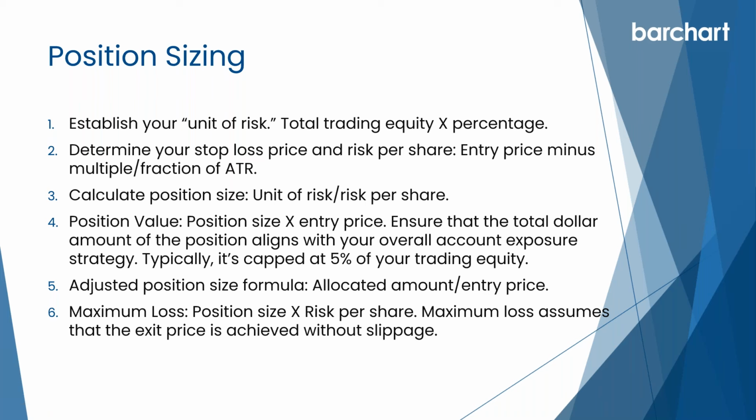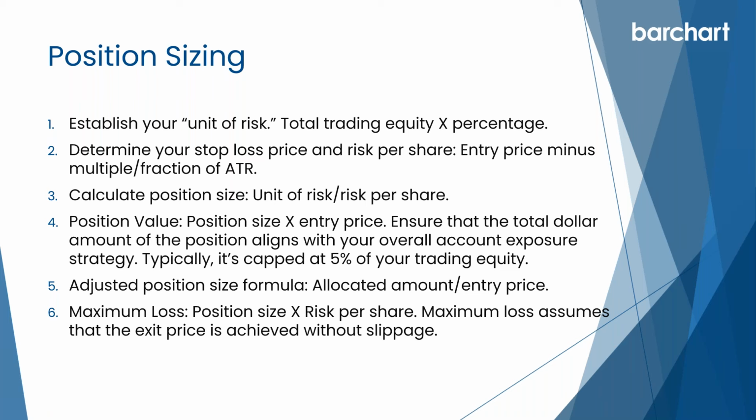Now, some of you are probably quick enough to figure this out. You say, John, can I skip the previous step? And yes, you can. You could just go to your allocated amount and divide it by your entry price. But I want to show you 2 ways to skin a cat because there might be moments and times where your position size will not be your total allocation and this gives you some leeway.